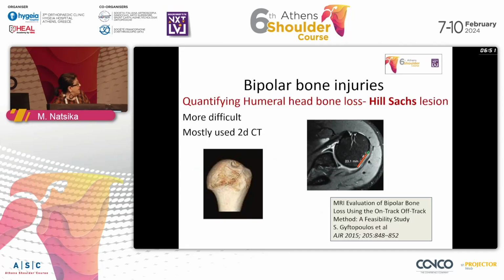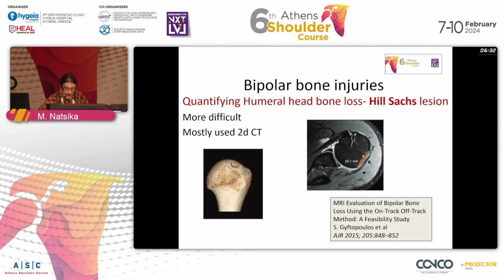I want to say some things about the Hill-Sachs measurement. We don't agree between us, and also the intra-observer agreement is low.